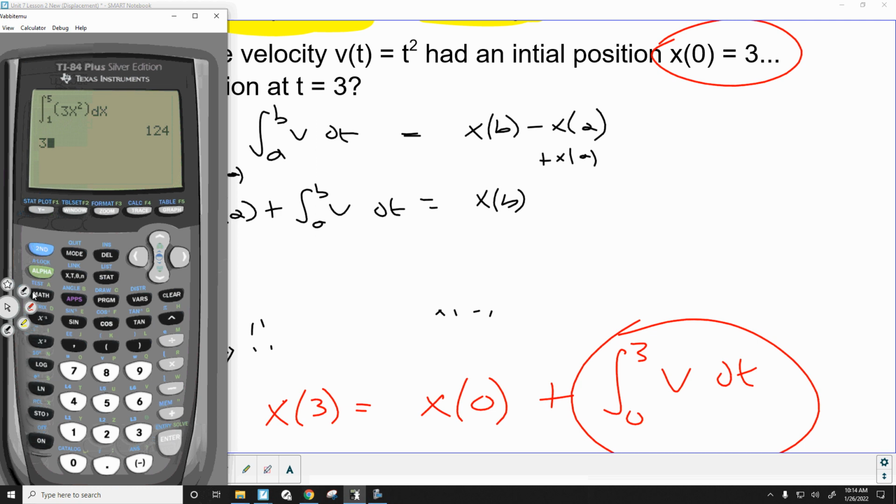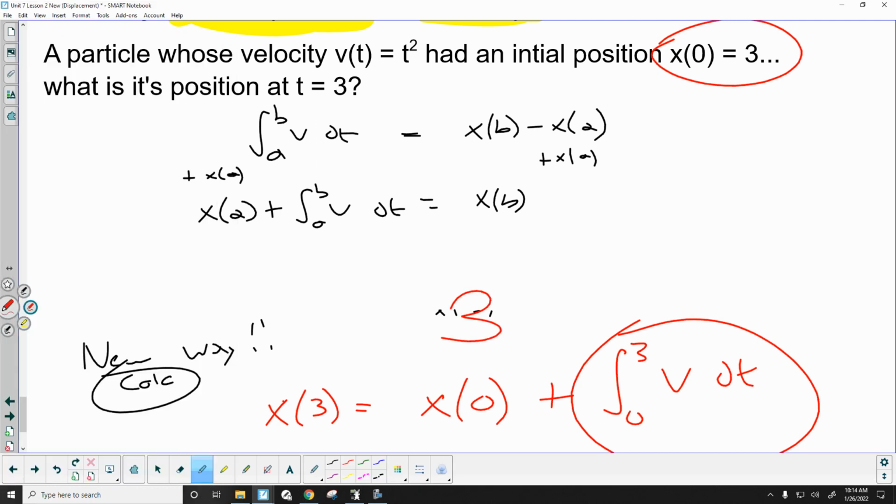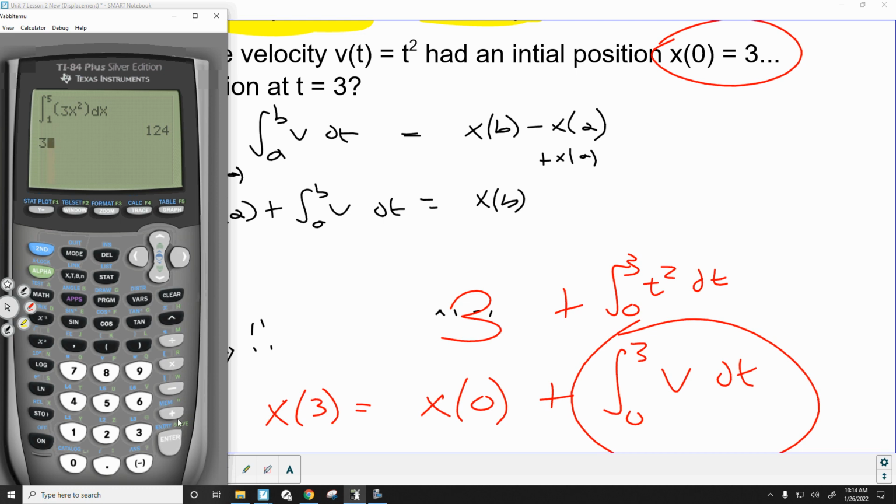X of 0 is 3 plus the integral from 0 to 3 of my velocity, t squared. I accumulate my velocity from 0 to 3 because I know that's going to be my displacement. Boom, you get 12.